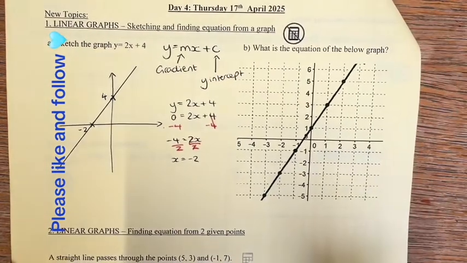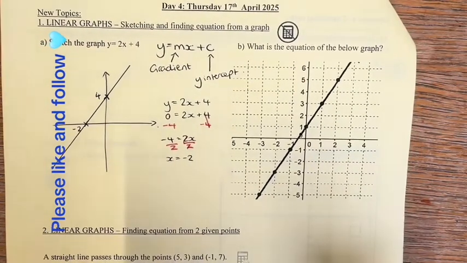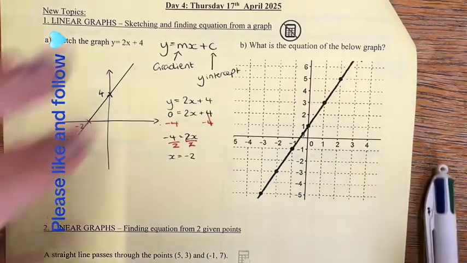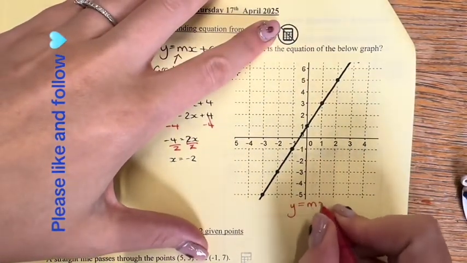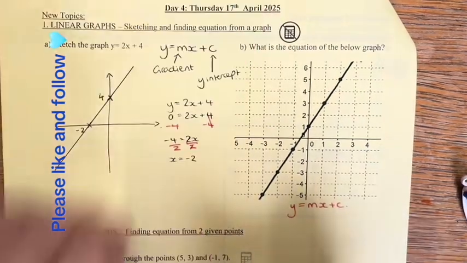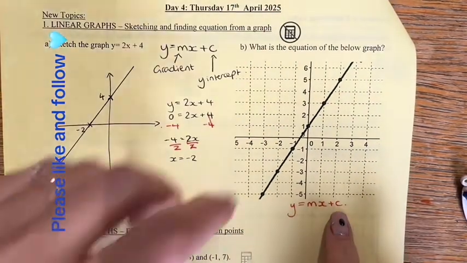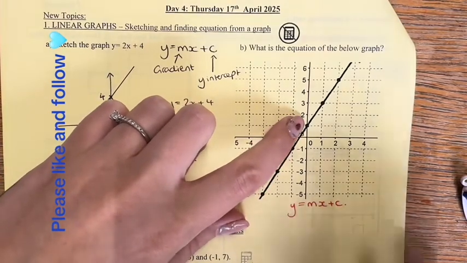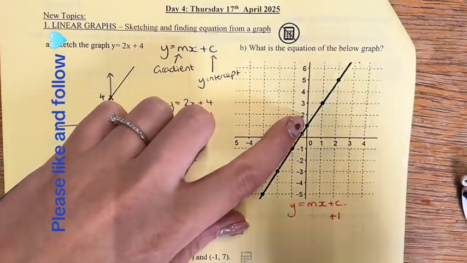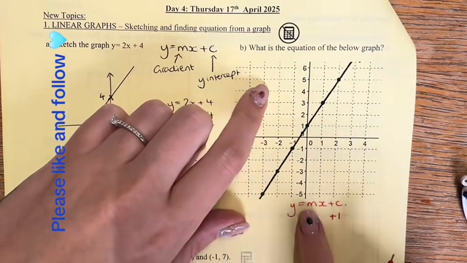Okay, now part B says, what is the equation of the graph below? So again, I am going to remember that my equation is written in this form, y equals mx plus c, where c is the y-intercept, where it cuts the y-axis. Well, it cuts there at a positive 1, so I'm going to have a plus 1 on the end. M is the gradient.